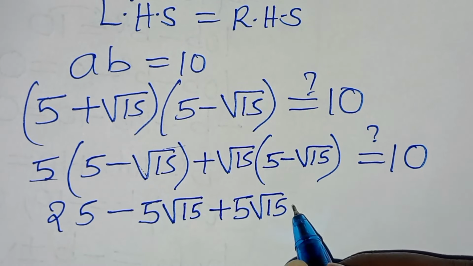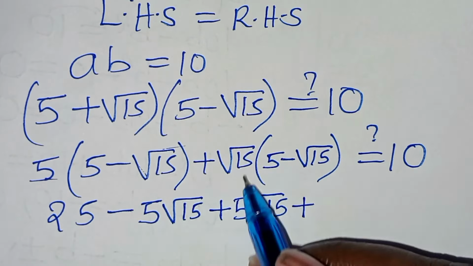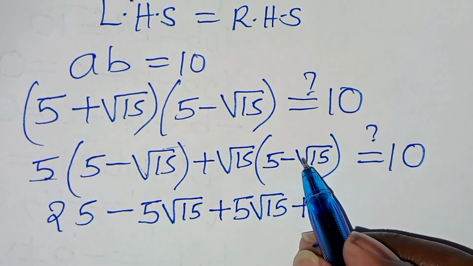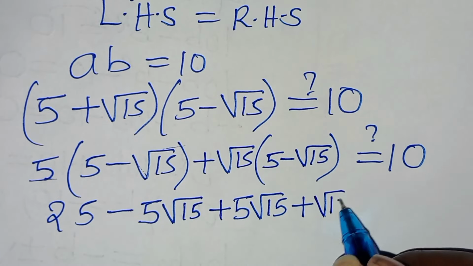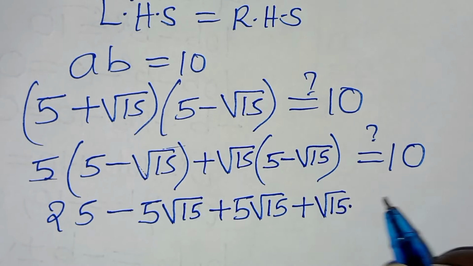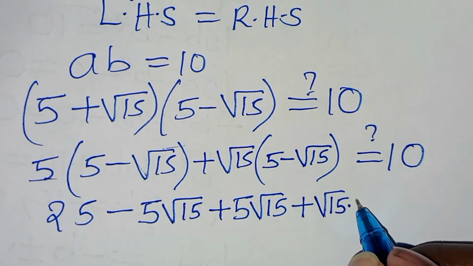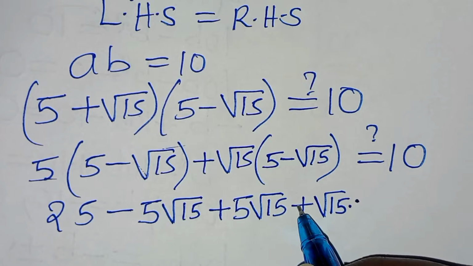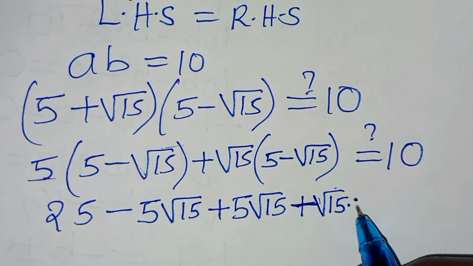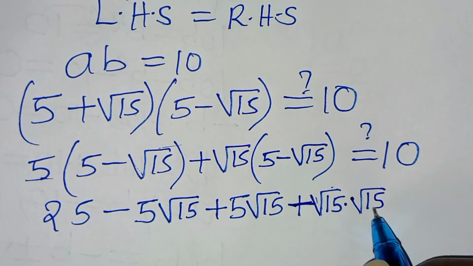and then here we have plus square root of 15 times, here we have square root of 15 times square root of 15. So this becomes minus. So this is minus square root of 15 times square root of 15.